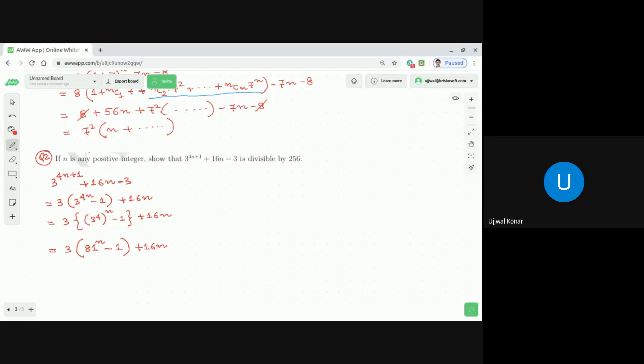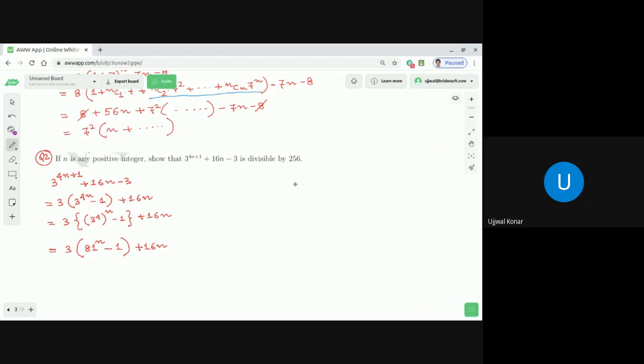Now, if you look into 81 power n, you need to think back a little bit, that 81 you can express in terms of 1 plus 80. But are you going to achieve anything? Then you need to think a little bit. So let me use a different color.